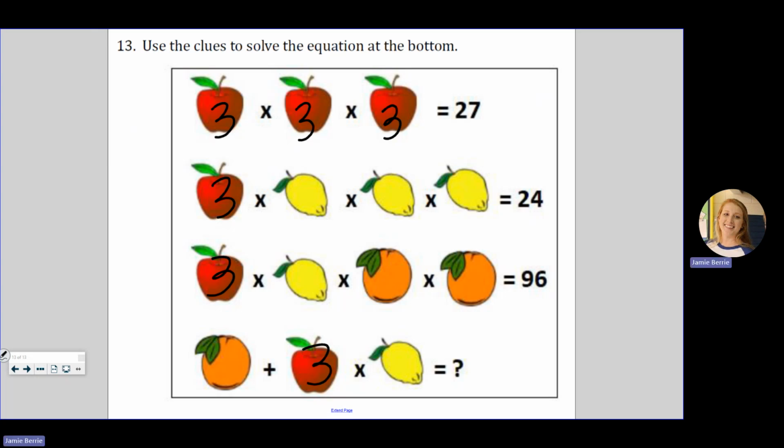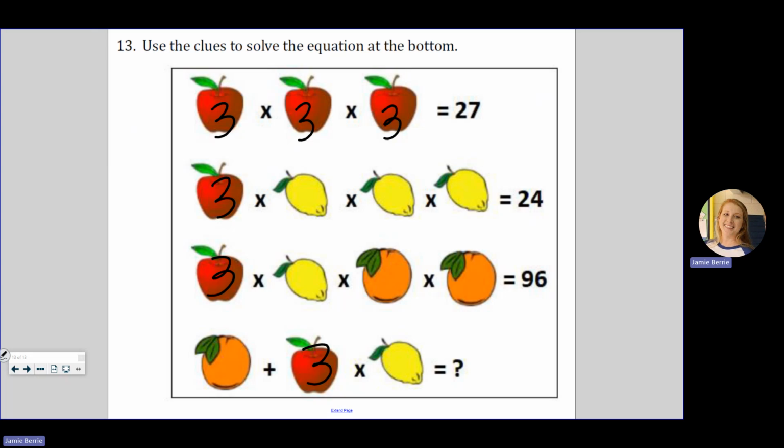All right, 3 times lemon times lemon times lemon is 24. What do y'all think we should do with that 3? Divide. Yeah, that's what I did. You could divide it over and then you would just have the lemons on one side.